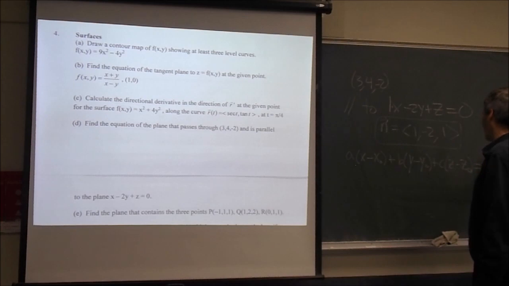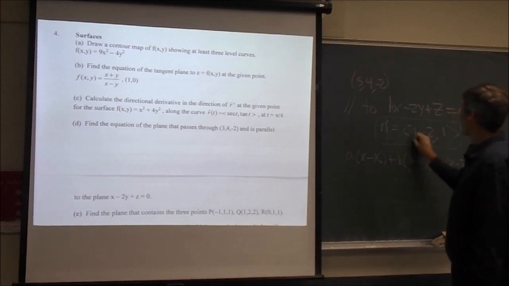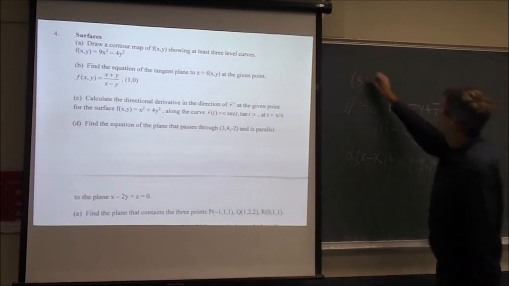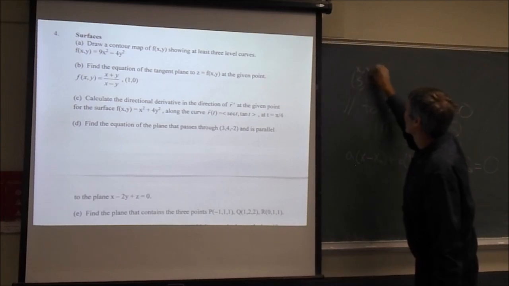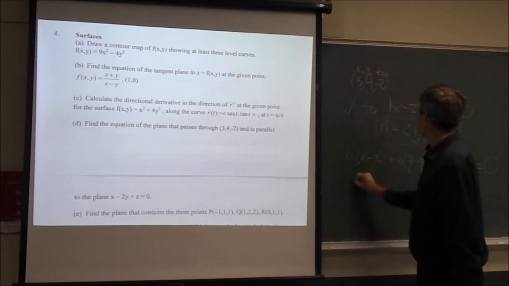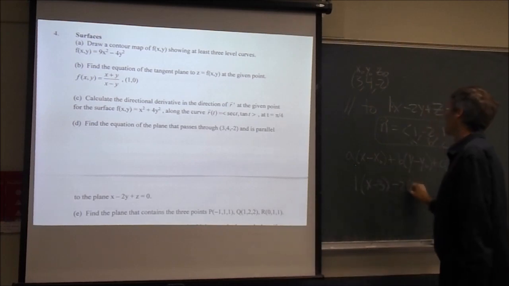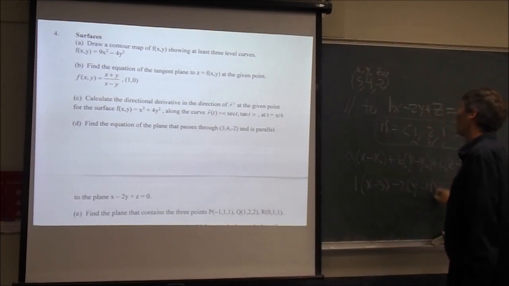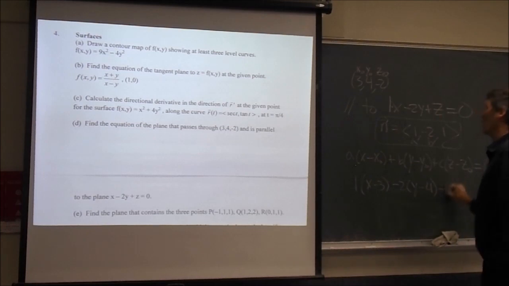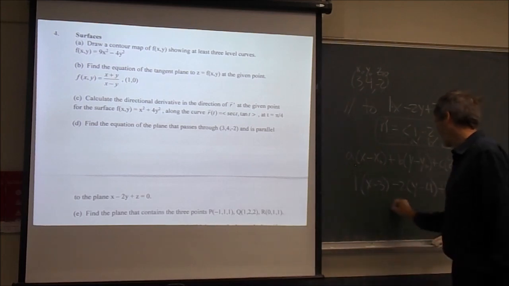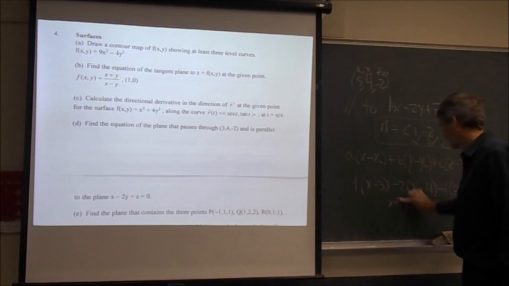There's also vector formulas if you prefer, where this is a, b, and c, and this is x0, y0, z0. You just have to plug those in. You've got 1 times x minus 3, minus 2 times y minus 4, plus 1 times z plus 2 equals 0. You want to multiply that out and get x minus 2y plus z. That's a z, not a 2.